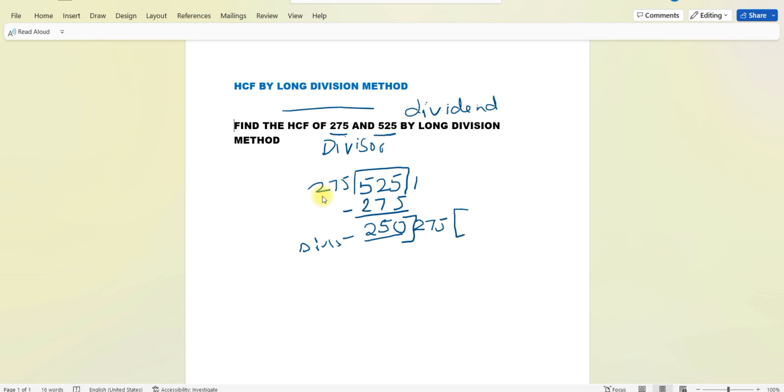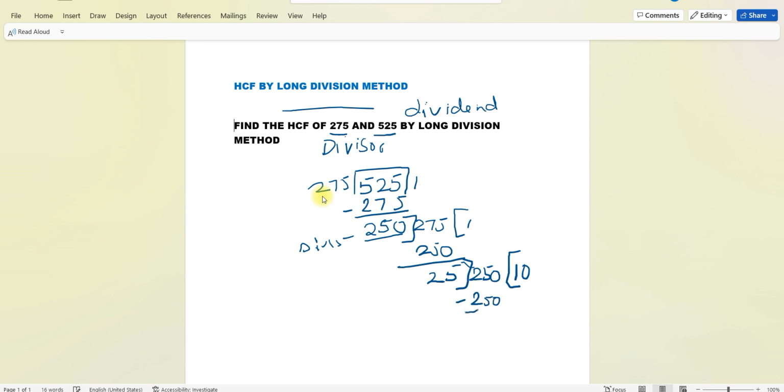Okay, now 250 one times would be 250. So I get a remainder of 25. Now the new remainder becomes the new divisor, and you will take the previous divisor inside, and 25 10 times would be 250.